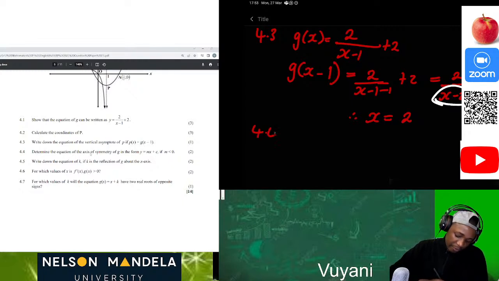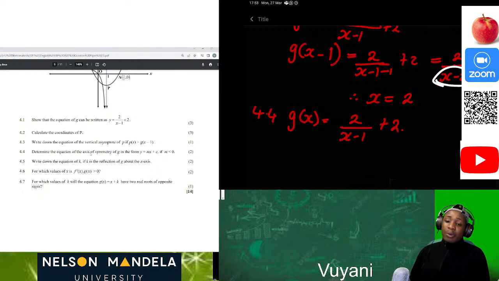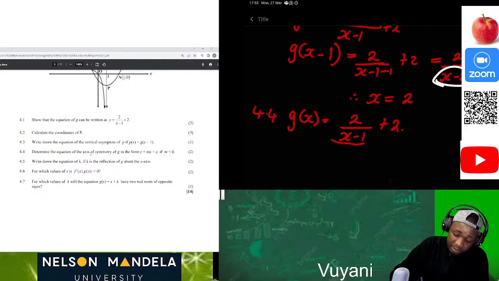So on 4.4, g of x is equal to 2 over x minus 1 plus 2. Now we want to calculate the axis of symmetry. So the axis of symmetry is always here. Let me use this. It's always here. So this is the axis of symmetry.